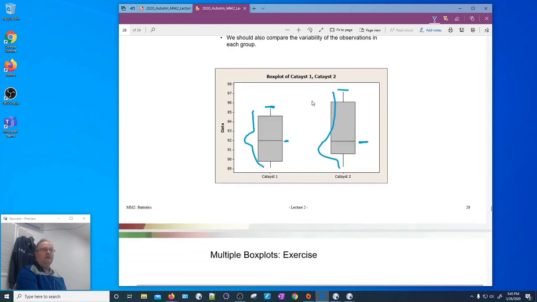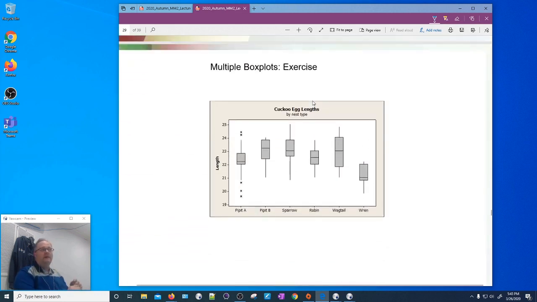So we can do that multiple times. Cuckoo egg lengths. We can see different types of birds in there. Look at the variety of data. We get to see how skewed they are. Look at that skewing going on there. That's the middle score, and there are some outliers. Where's the symmetric one? That one looks very nearly normally distributed, so it's symmetric.